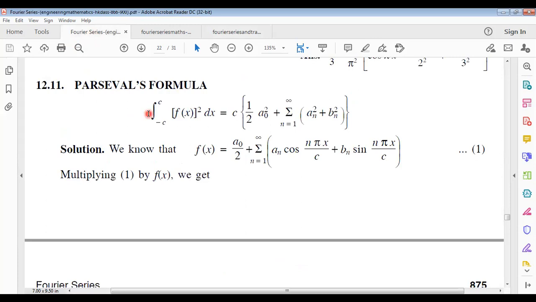Now, Parseval's identity or formula for any interval c.